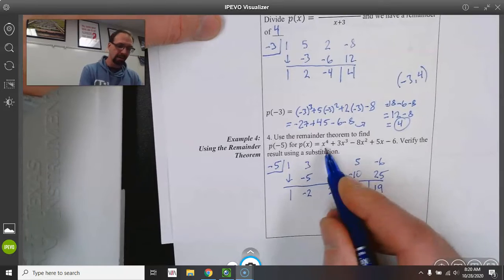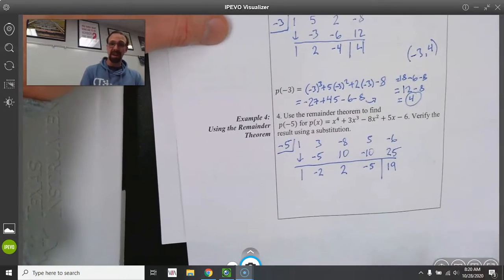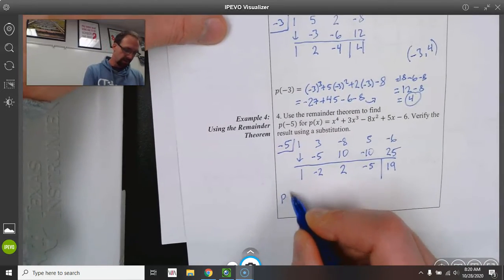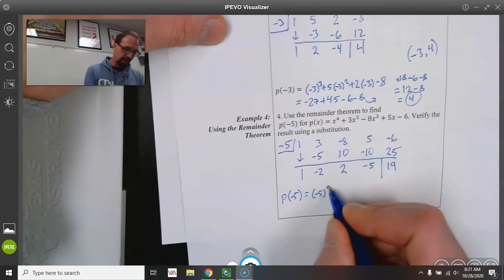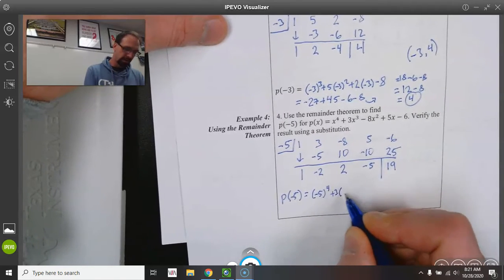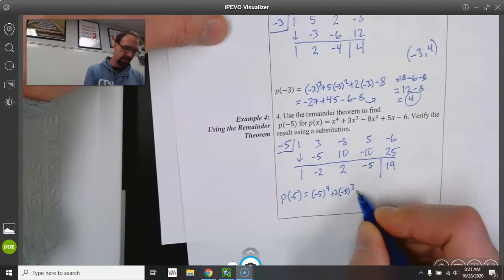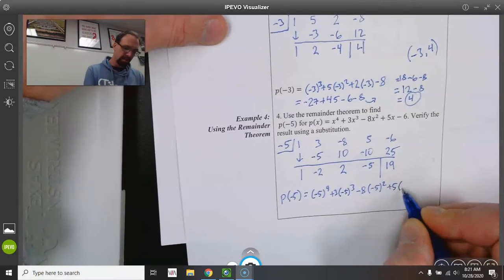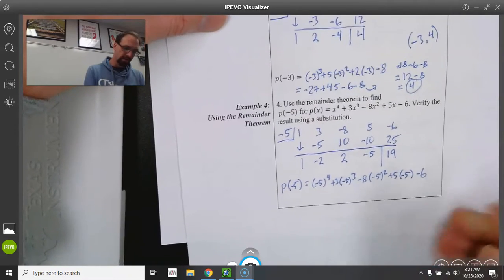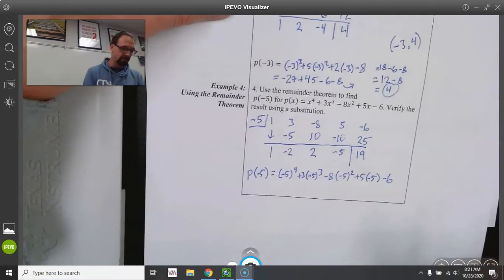So when I plug in negative 5 into this, I should also get a 19. So p of negative 5 is equal to negative 5 to the 4th plus 3 times negative 5 cubed minus 8 times negative 5 squared plus 5 times negative 5 minus 6. So verifying, again, going through and verifying each of the steps.